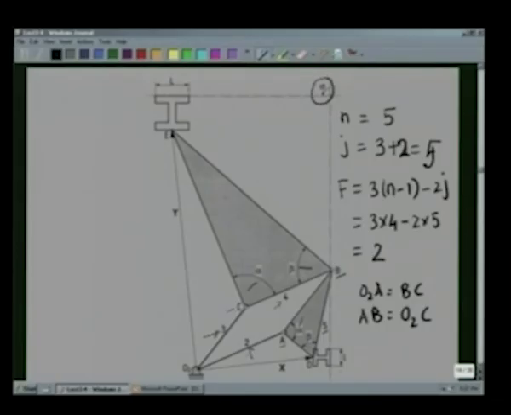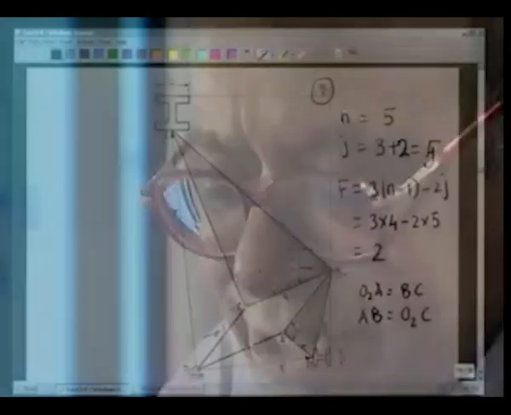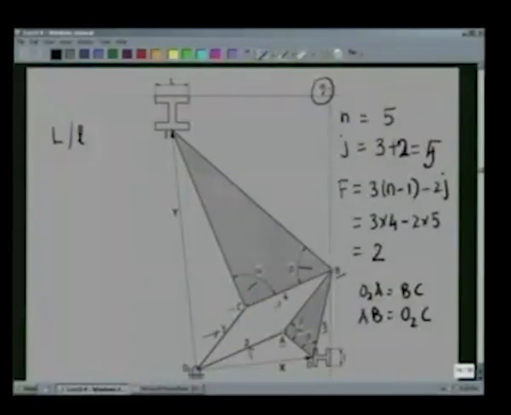Our task is, given the link lengths, let us find what is the scale of the reproduction, that is what is the value of l by L, and what is this change in orientation, that is what is the angle sigma once we are given the linkage completely, that is the link lengths and the angles alpha and beta. To do this, we use the link lengths as vectors.